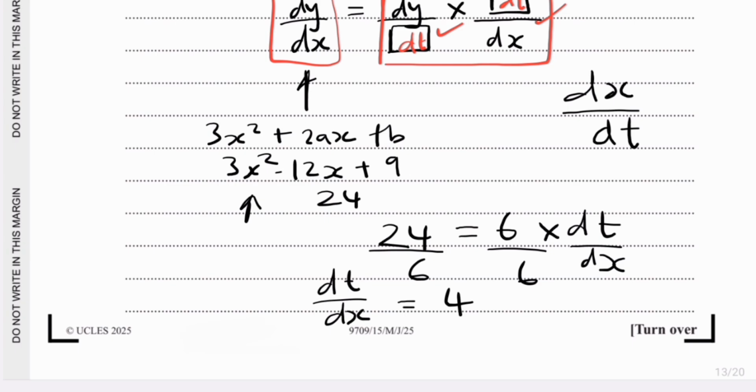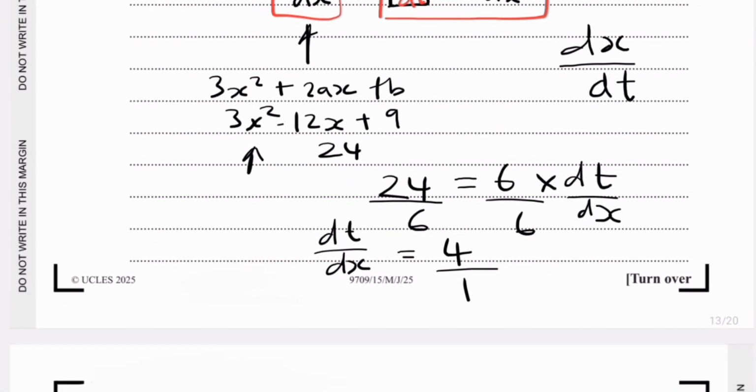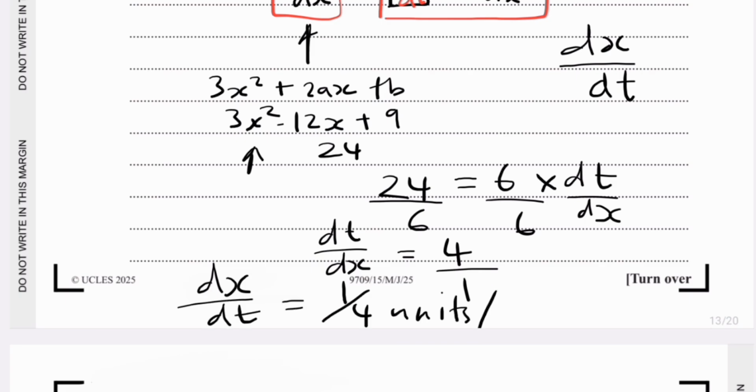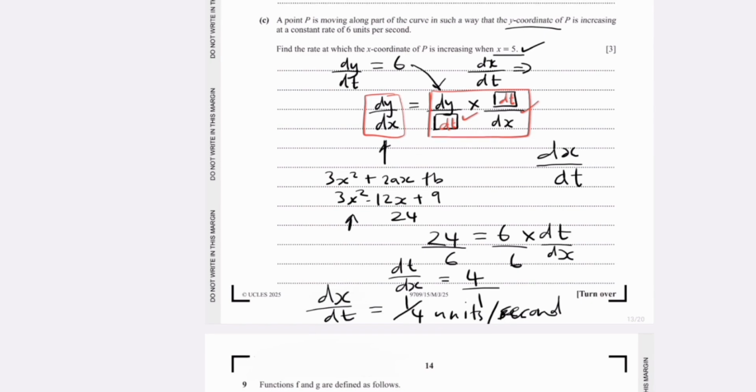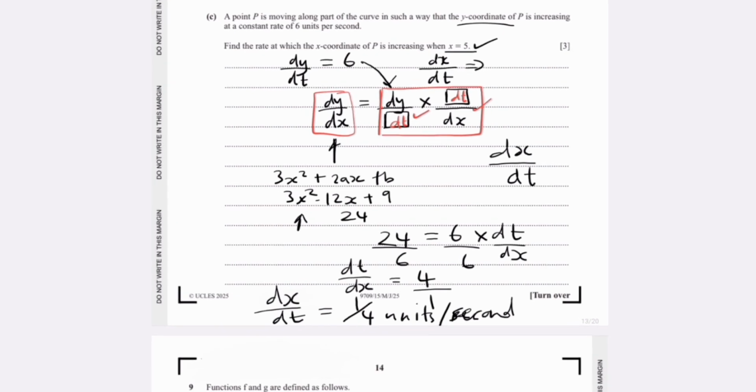So if we have dt/dx and we want to get dx/dt, we're just going to invert this. Since this is 4 over 1, it tells us that dx/dt should be 1 over 4 units per second. Right? You get your 3 marks.